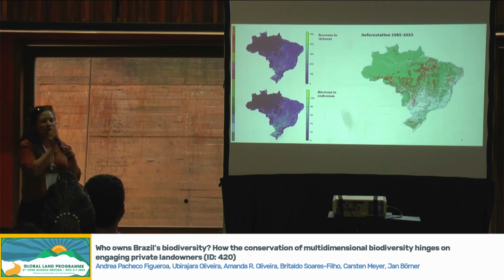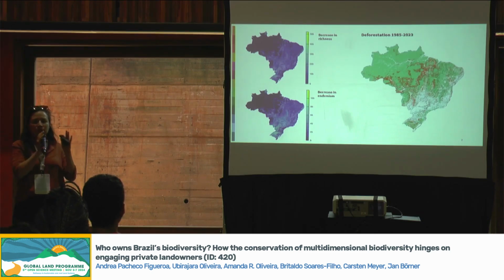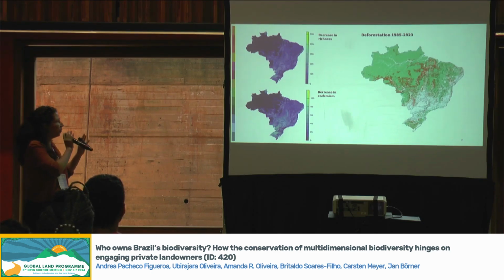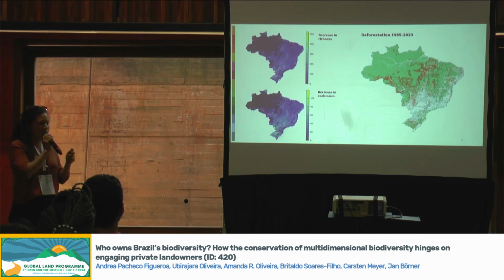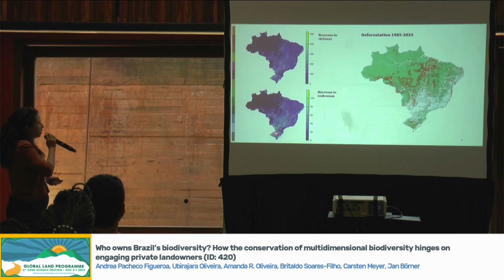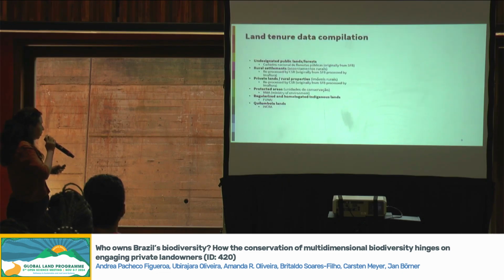And just to make a very quick comparison, this is what deforestation looks like for the longest time period that we had data available for, 1985 to 2023. And we already see, of course, these two things are correlated, right? But we already do see some differences, particularly as we see these high declines in the south.